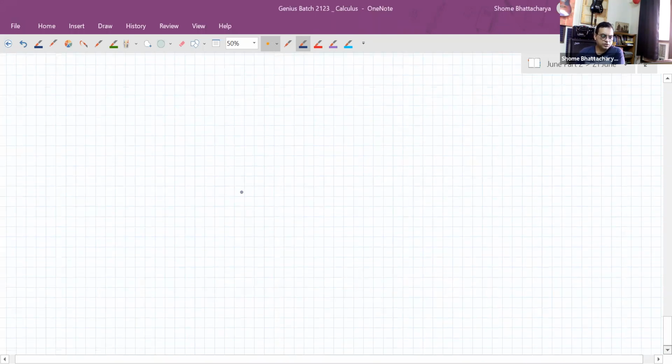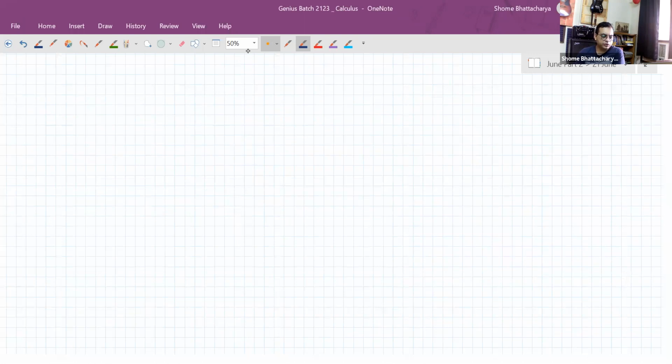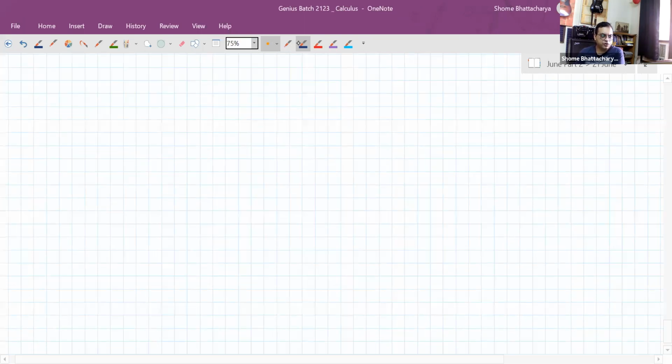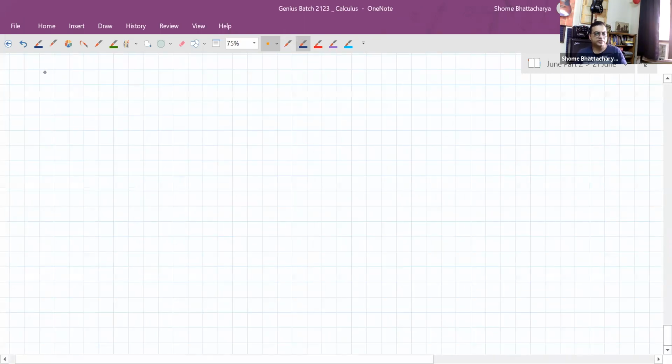Okay, so I hope these questions are clear. Now moving on to some more fundamental formulae for indefinite integration. So we have integration of sin x is equal to minus cos x plus c.